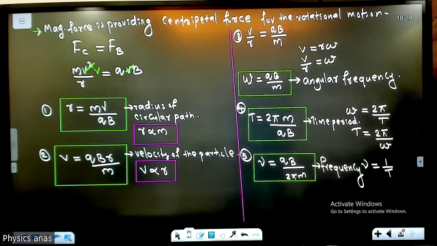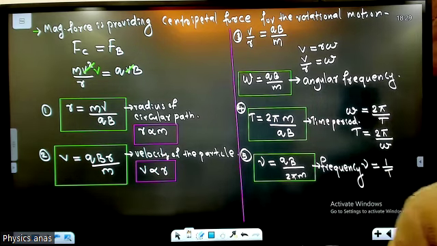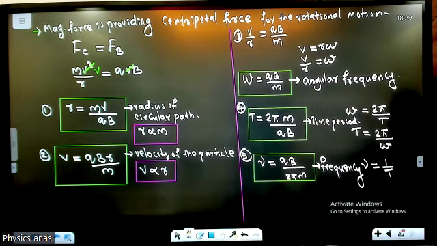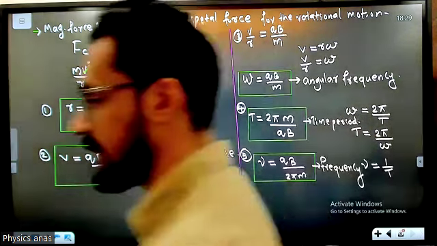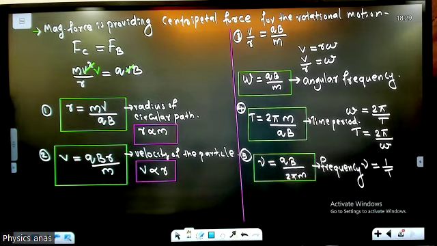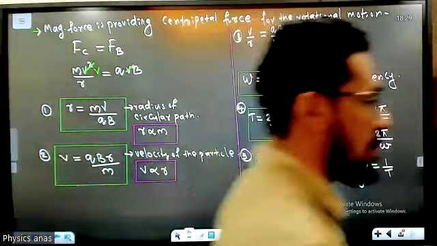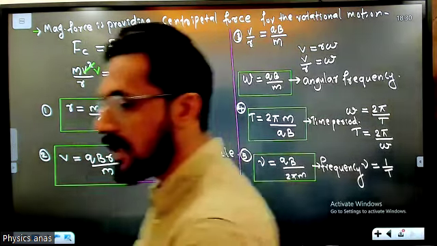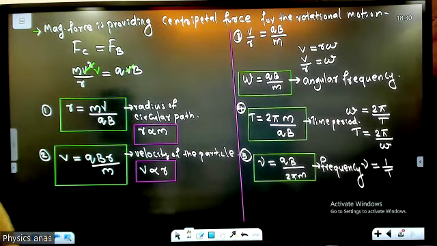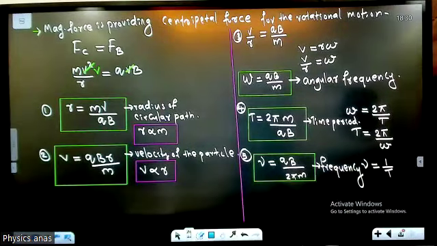For time period and frequency, there is no velocity term in the equation.